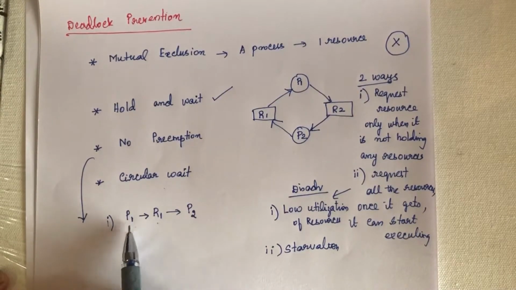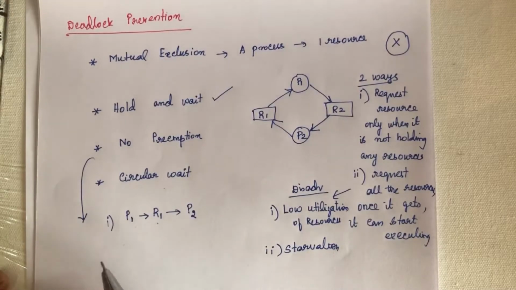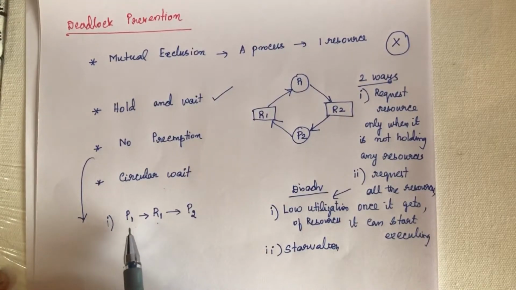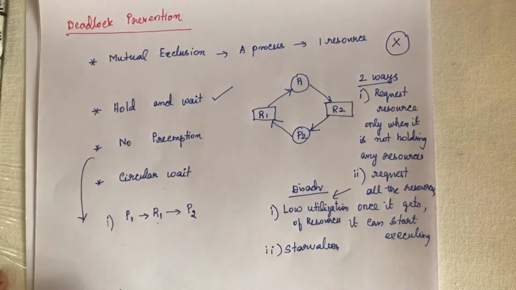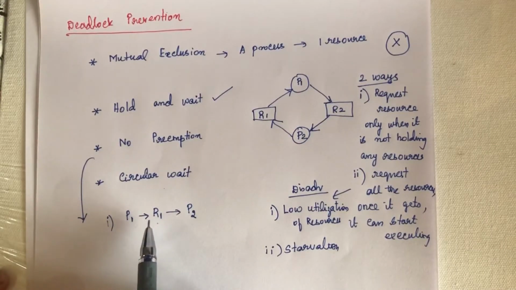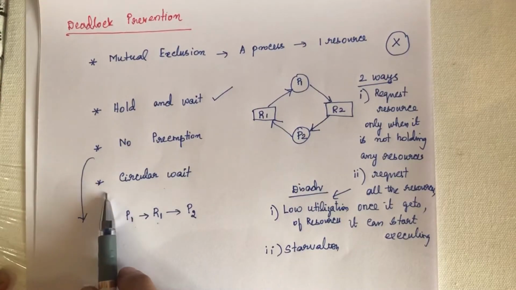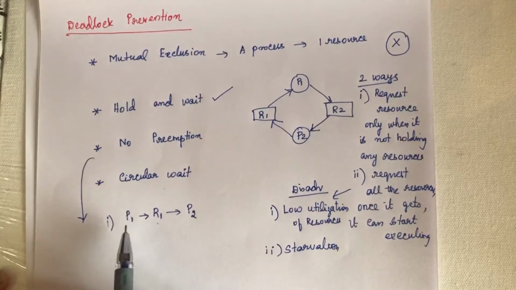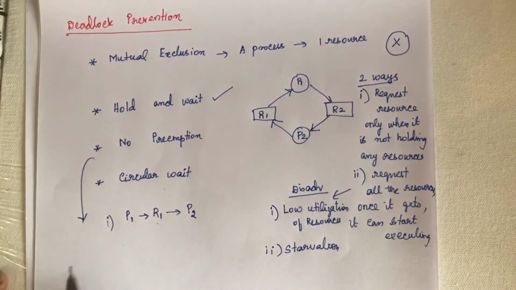Suppose process 1 is holding some other resource, the operating system will preempt all the resources that process 1 is currently holding. All these released resources will be kept in the queue. After some time, it again requests the resource R1. If R1 is available, then it can use the old resources and the new one, and start execution. So this is the first way.